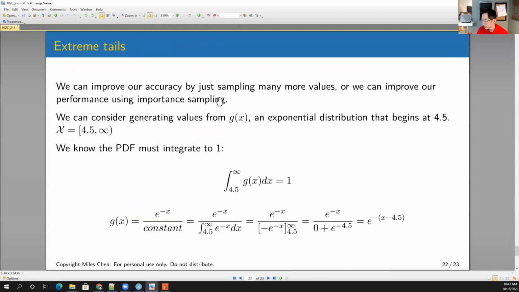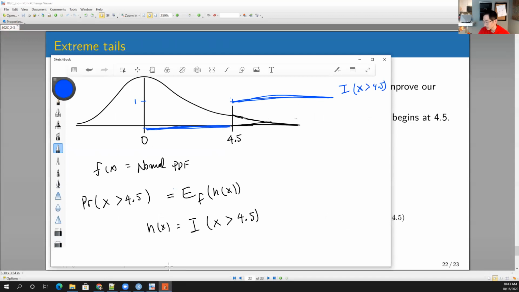So again, to improve our accuracy, we have to either sample many more values, or we can use importance sampling.